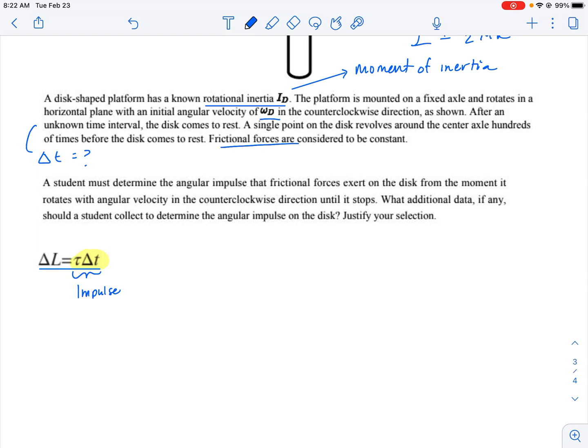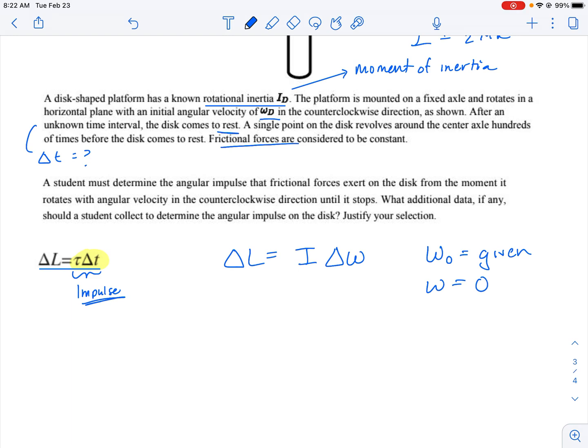One way to get the impulse would be to get the change in momentum. In this case, the shape is staying the same, so the moment of inertia is the same, and the angular speed is changing. We have the initial angular velocity.